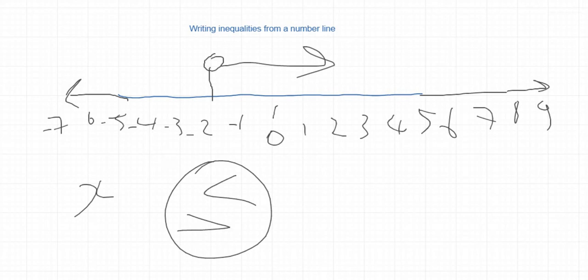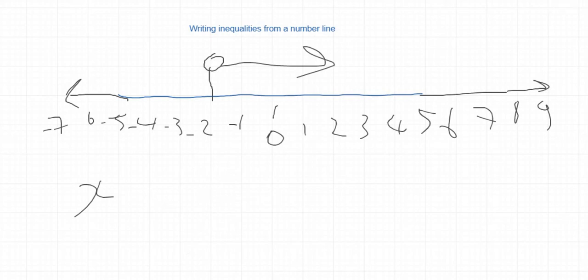So any number greater than -2 is a solution, and we represent this as x is greater than -2.